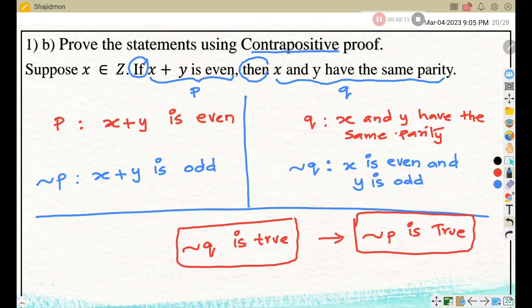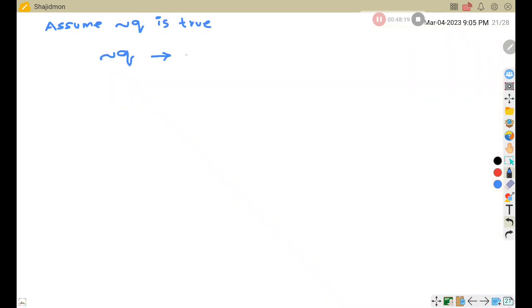Okay, first we need to assume negation Q is true, correct? So start from negation Q. What is the meaning of negation Q? We have written here: x is even and y is odd, correct?